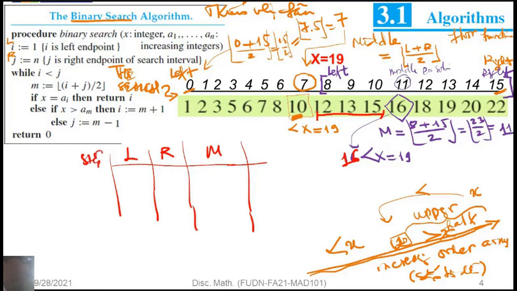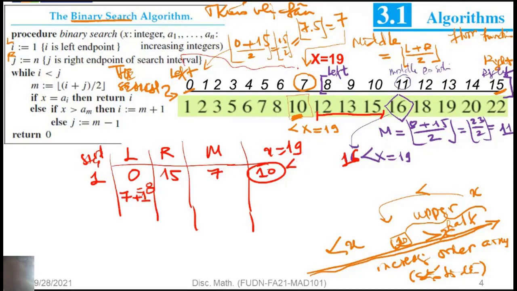This is the step-by-step process. In the first step, at the beginning we have left 0 and right 15, so the middle is 7, and the value at the middle is 10. Because the middle is less than h, we change left from 0 to the middle plus 1. In the next step, we search from 8 up to 15, and the middle is 11.